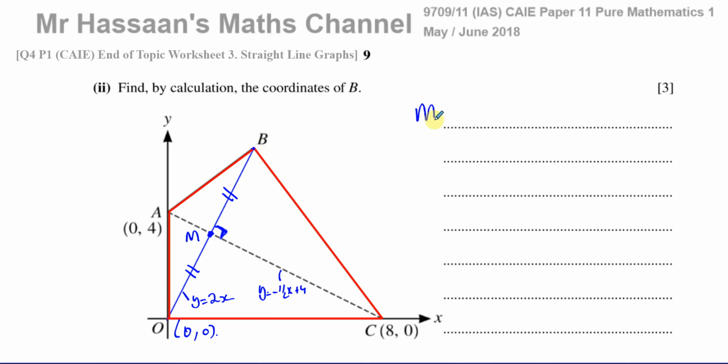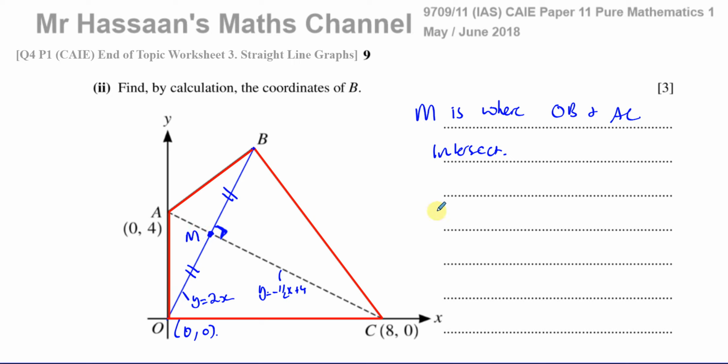So M is where the line OB and AC intersect. So we can find that point M by using simultaneous equations. And once we know the coordinates of the point M, we can work out the coordinates of B because M is the midpoint of OB, as we'll explain.